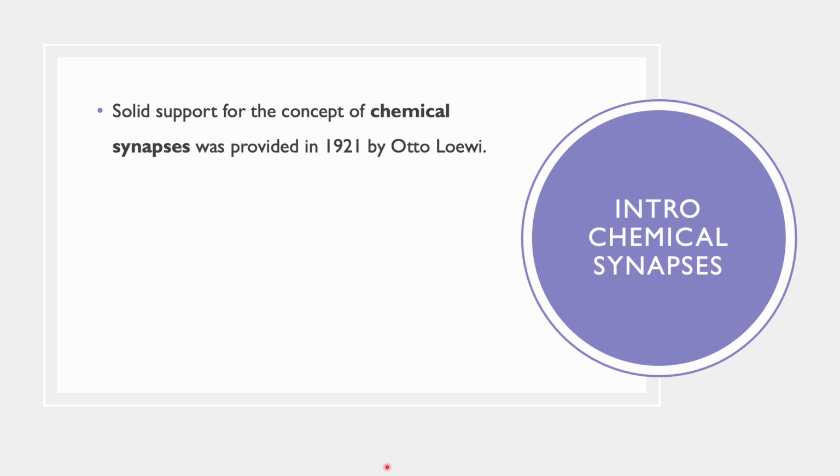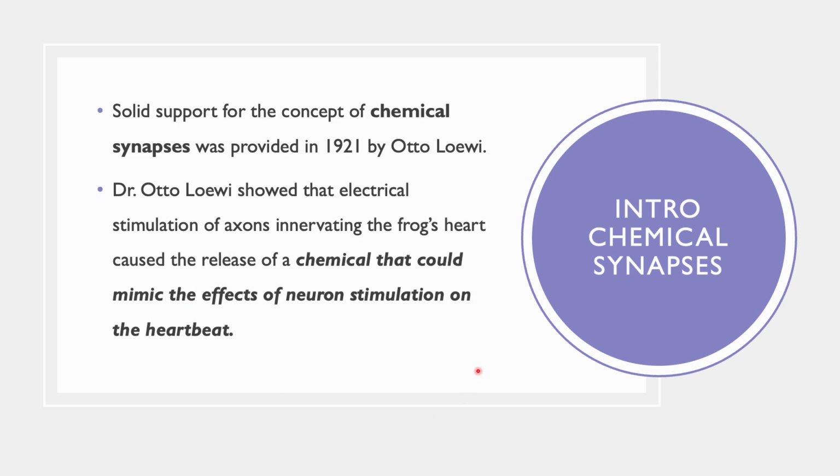So Otto Loewi had to be very creative. He performed an experiment, and this experiment showed that electrical stimulation of axons innervating a frog's heart could cause the release of a chemical, which we now know as acetylcholine, that could mimic the effects of neuron stimulation on the heartbeat. Now, we're going to talk about this experiment and how he performed it.